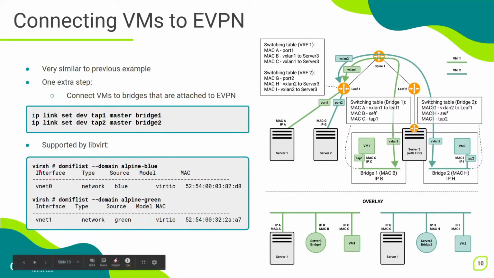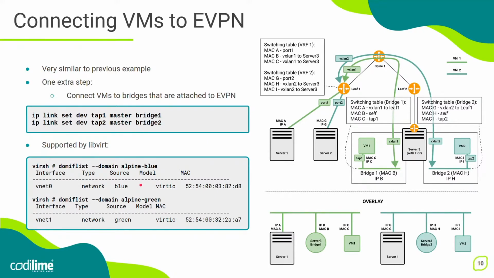Here we can see that we have the virsh CLI, and we are listing the interfaces of the Alpine Blue machine. We can see it is assigned to the Blue network, and we have configured the Blue bridge to be assigned to a separate VRF, so it's separated. So we can have two bridges, two networks in libvirt, and the virtual machines will be totally isolated from each other as long as they belong to different VRFs.